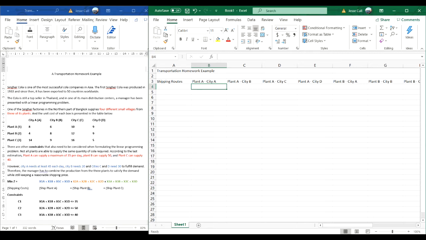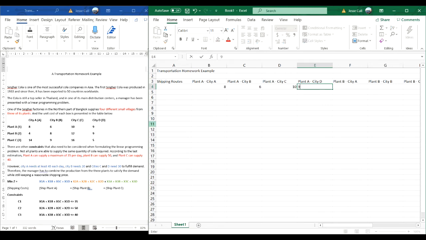So now we're going to enter the values for our objective function. We're trying to minimize cost. We're at 8, 6, 10, and 9.